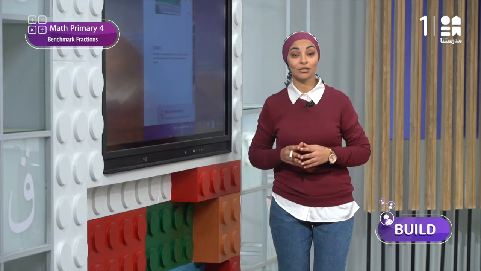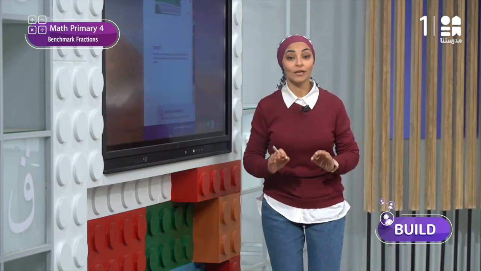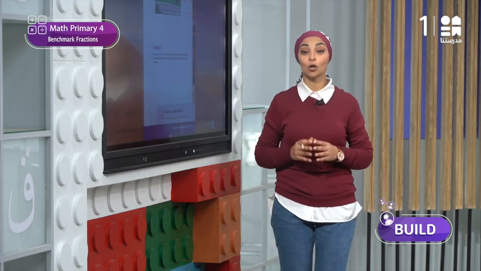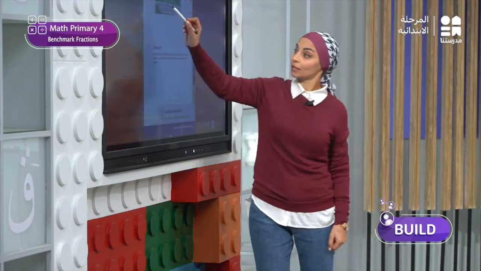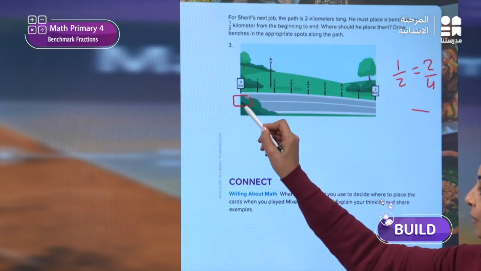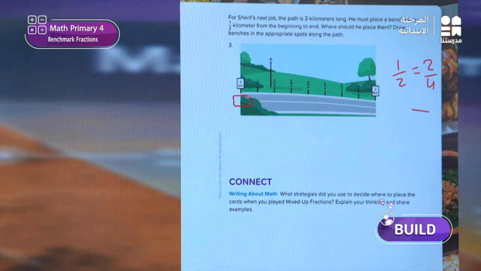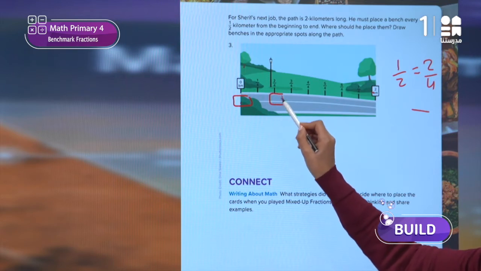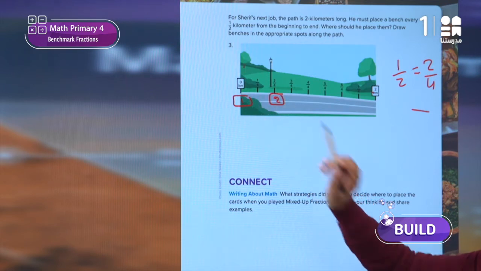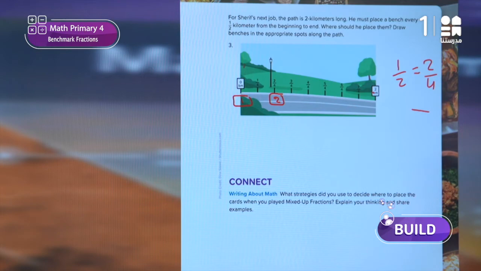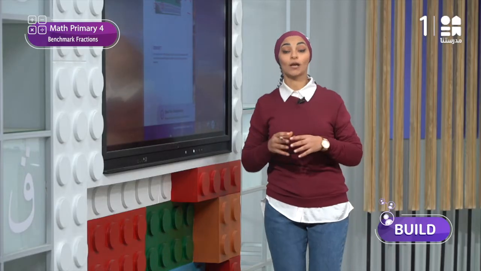Let's place the benches together. Of course, we will place the first bench at the beginning, meaning 0. So here I put my first bench at 0, at the beginning. Where will I put the second bench? At the half, which is at 2 over 4. So this is the first bench, this is the second bench. And where will I put the third one?